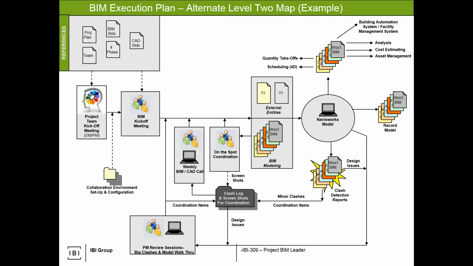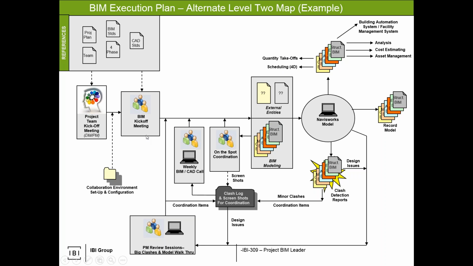This example here, we said in the level 2 end, instead of having a different map for each one of these, schedule, quantity, building automation, analysis, etc., we said, well, you know what? We've got all this information. We're going to have a team kickoff with the manager.